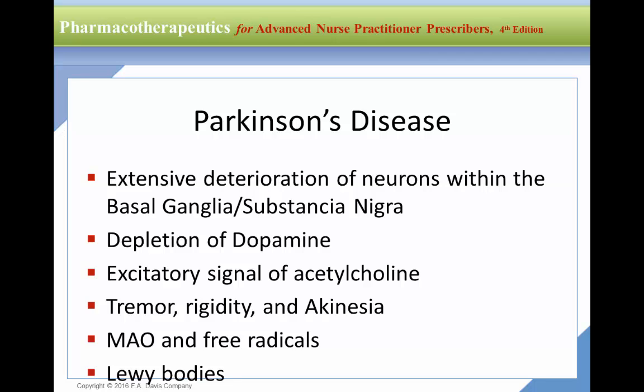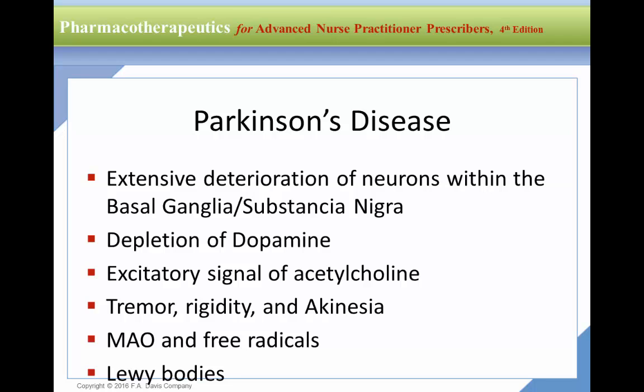Diagnosis is mainly clinical, and the treatment is basically made to restore dopamine function in the brain with levodopa plus carbidopa. As well, you could use a dopaminergic agonist, or you could use a type B MAO inhibitor, or amantadine.